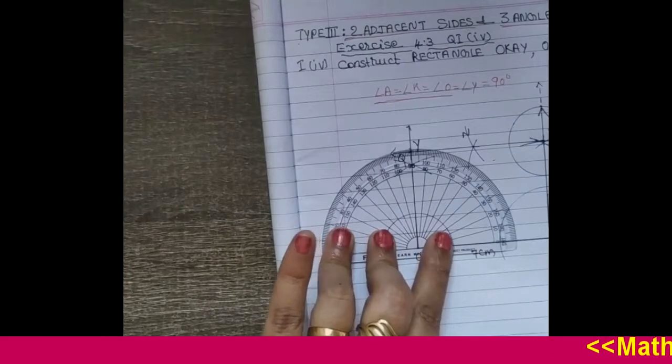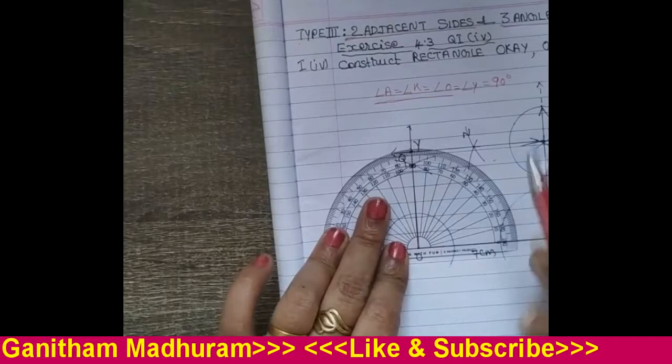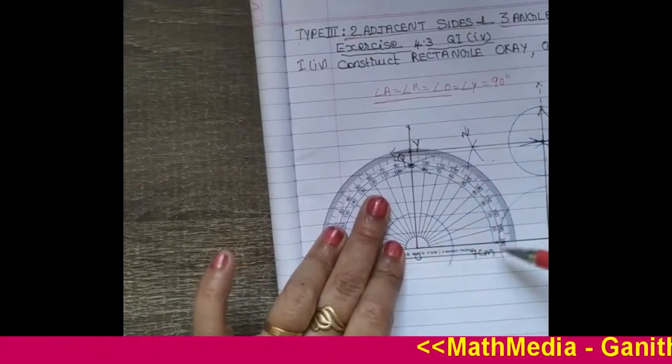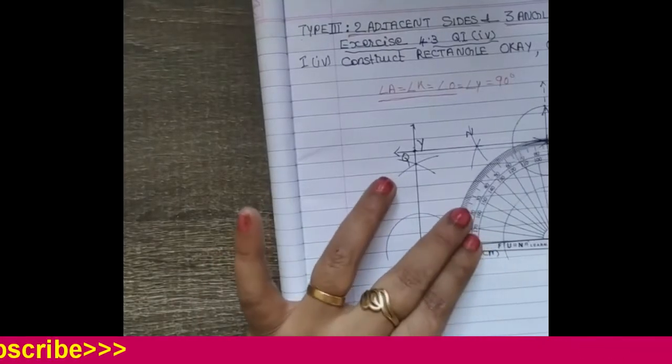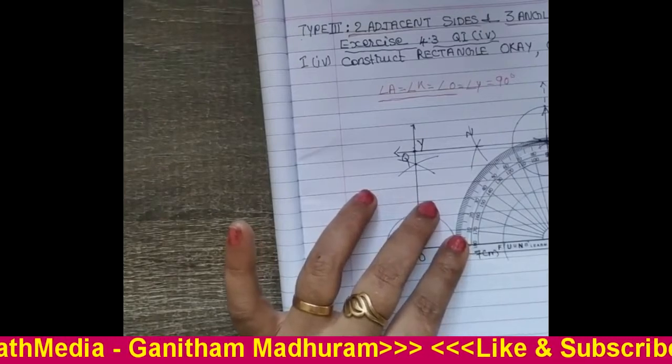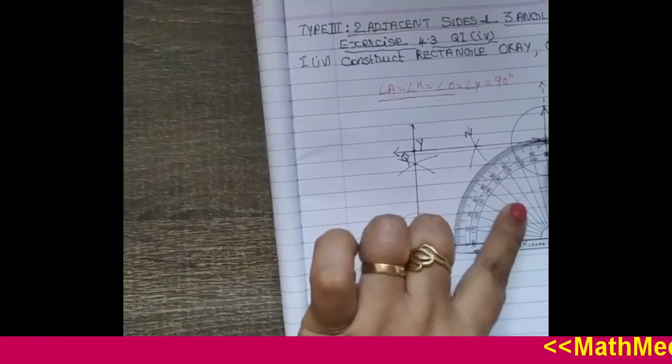See here, the angle is exact. See the base also. We are getting exact 90 degree angle here. Here also we constructed, so see here also we are getting exact 90 degree.